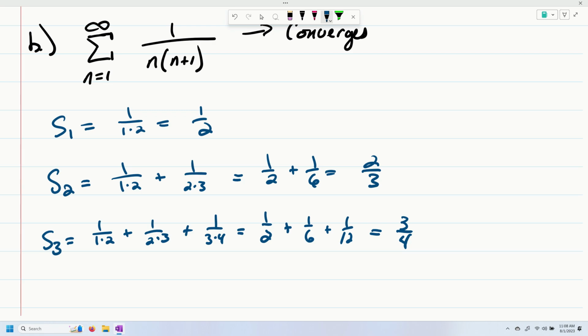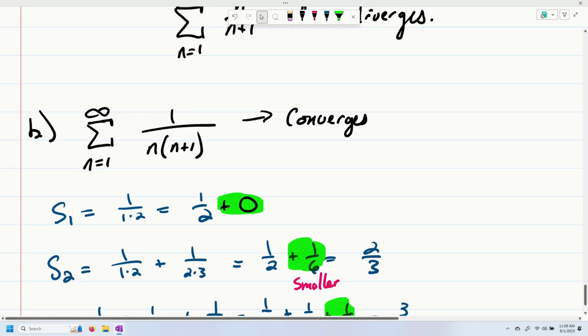Now, before we move on any further, I want us to highlight something. First, notice, and I'm going to make this explicit here, every time we add something on to our next partial sum, it's smaller than the previous.